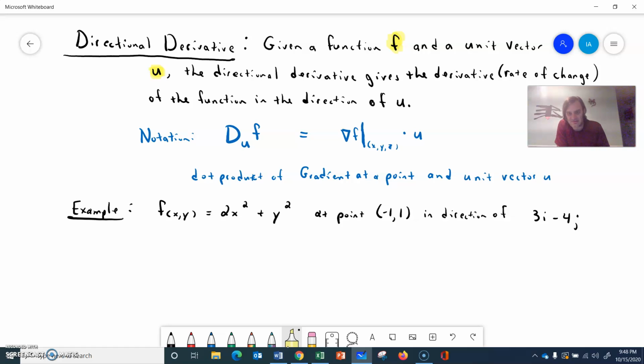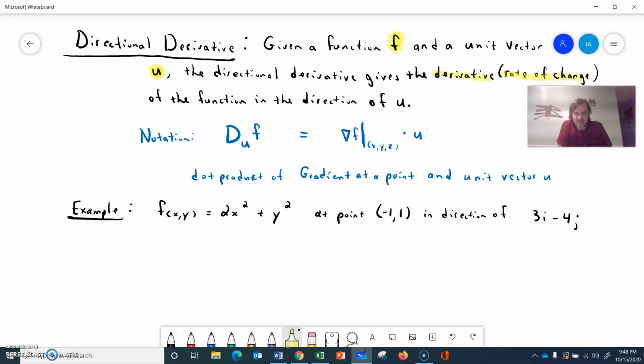It may not be given to us that way, but we're given a function and a place, and we're given a direction to move, and the directional derivative will calculate the derivative, of course, which is the rate of change in that direction. So notation here is big D sub u f.